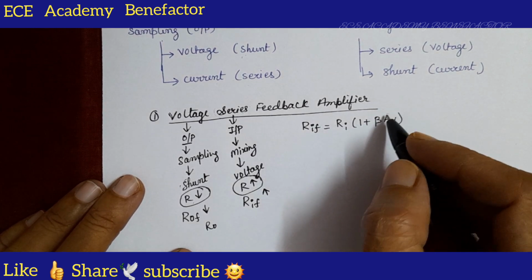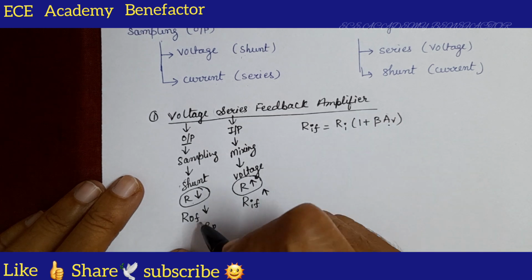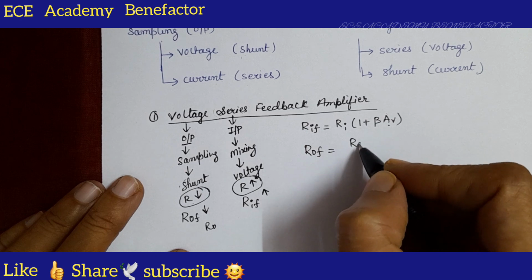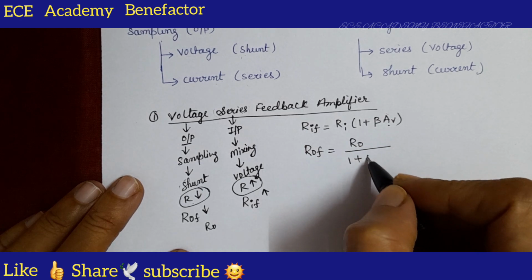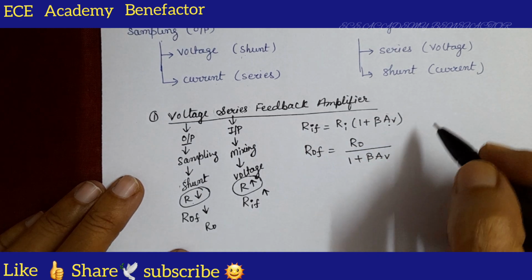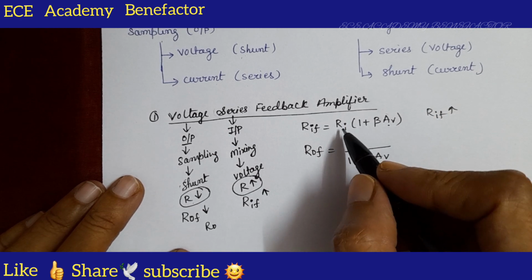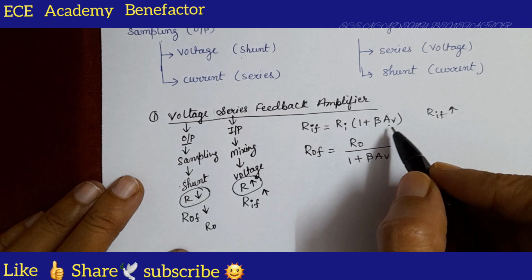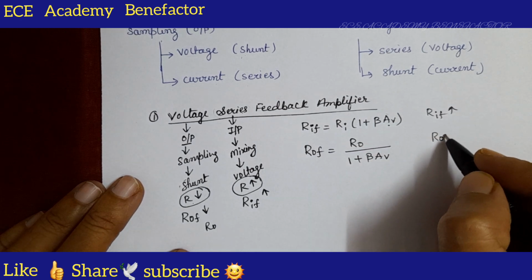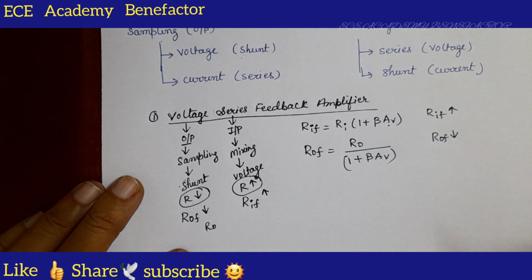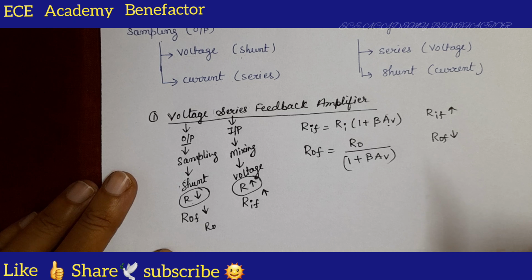I will tell about it. And ROF is reduced, so ROF will be R0 divided by (1 plus beta AV). So RIF is increased, it means RI is multiplied by a factor. ROF is reduced, means R0 is divided by this factor. This is how you can easily remember the equations of voltage series feedback amplifier.